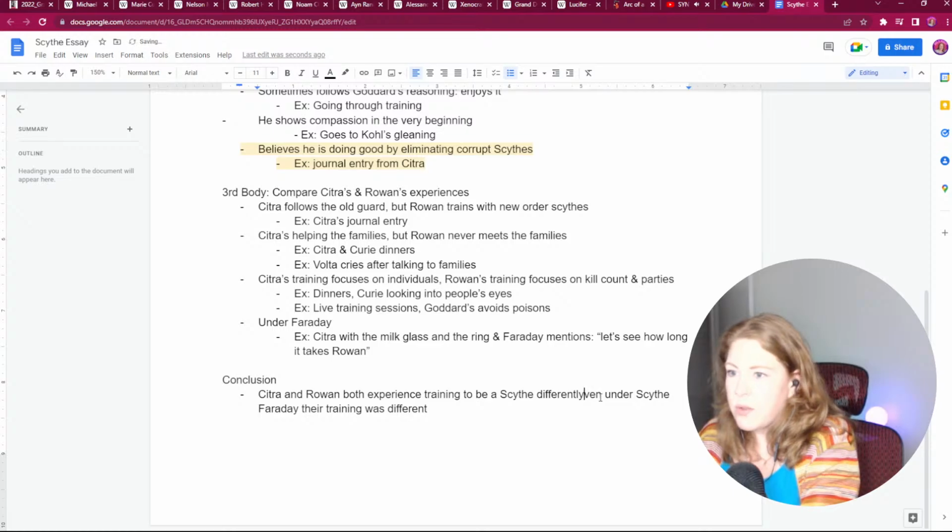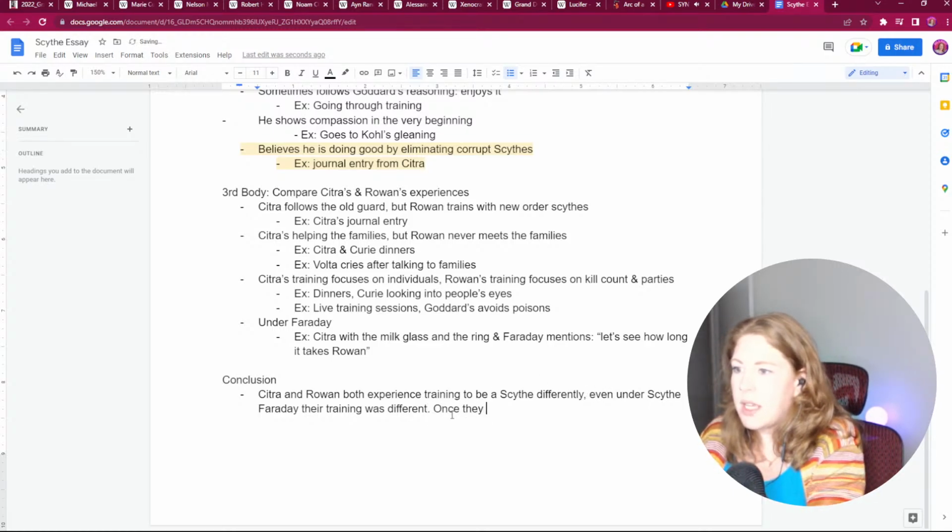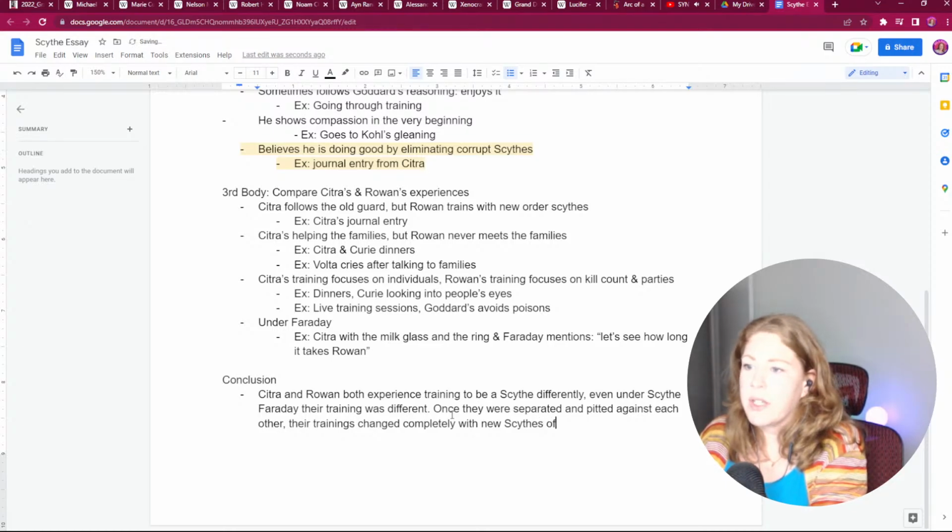I'm going to make this a whole sentence, though. Training was different. Once they were separated and pitted against each other, their trainings changed completely, with new scythes offering new perspectives.